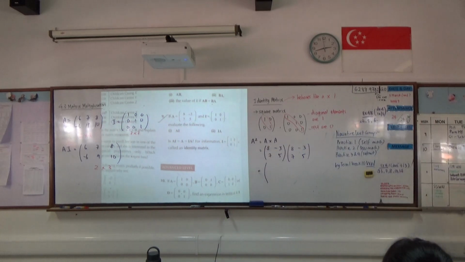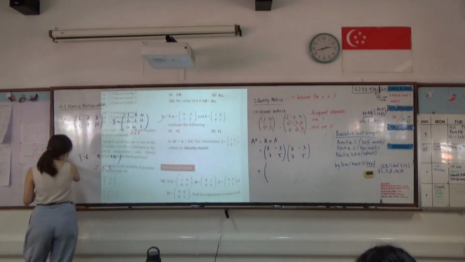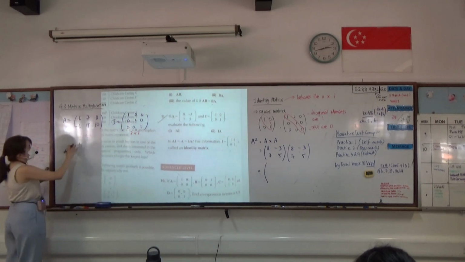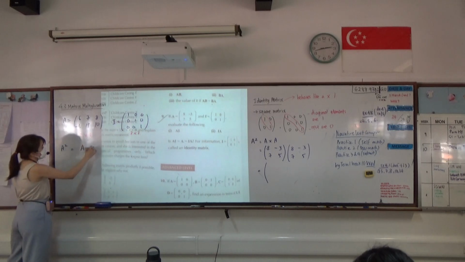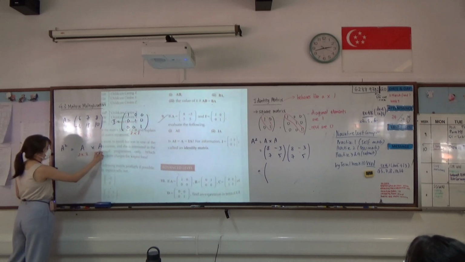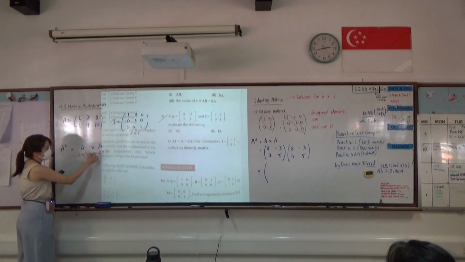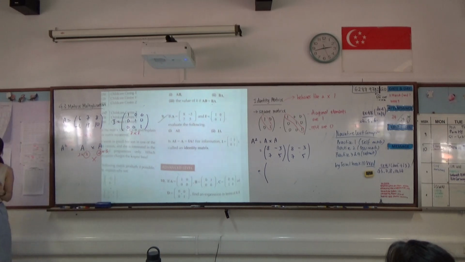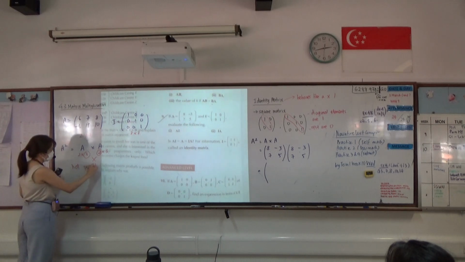Yes? A cannot be like a 2 by 3 matrix. Good question. If A is actually this one, can we get A squared? If I do A times A, this is 2 by 3, this is 2 by 3. I will not be able to deduce something because the numbers here are not equal. So this one is not possible to evaluate.